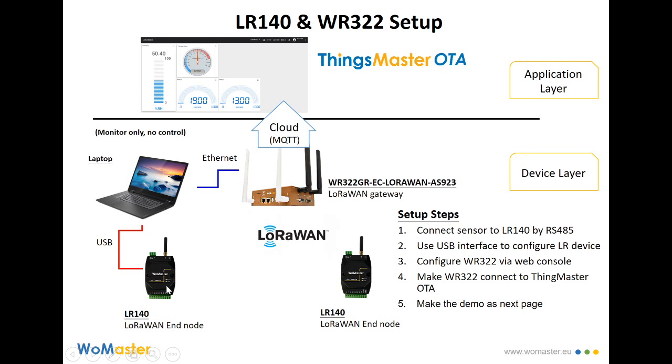Open the WoMaster LoRa Node utility to configure. After completing the setting of the LR140, please use Ethernet to configure the WR322GR-EC-LoRaWAN. We will show you later step by step. After finishing the setting of the WR322, it will connect to the CMaster, so we can do the demo as on the next page.